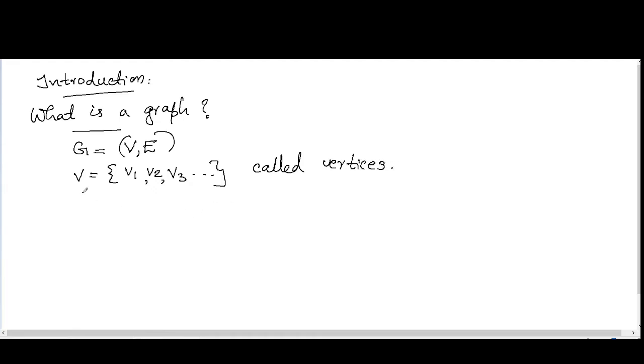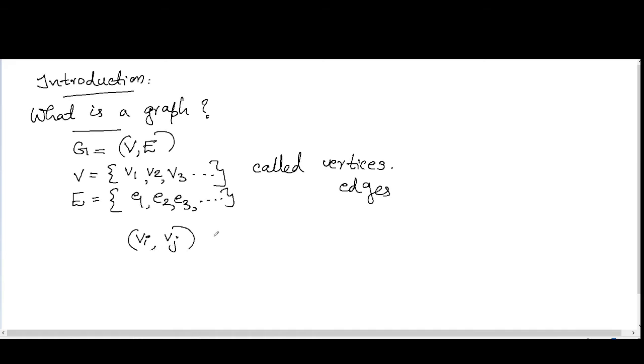And we have another set E, equal to the set of all E1, E2, E3, etc., called the edges, such that each edge Ek is identified with an unordered pair of vertices Vi, Vj. This is an unordered pair of vertices.